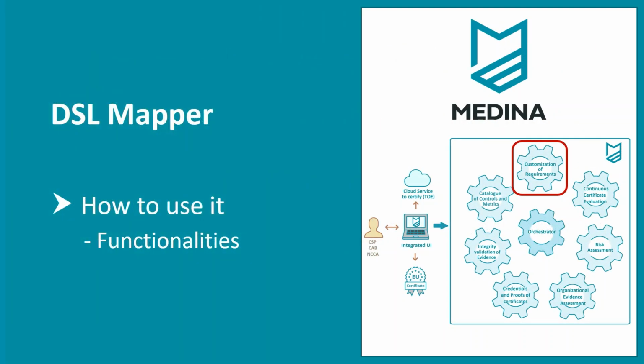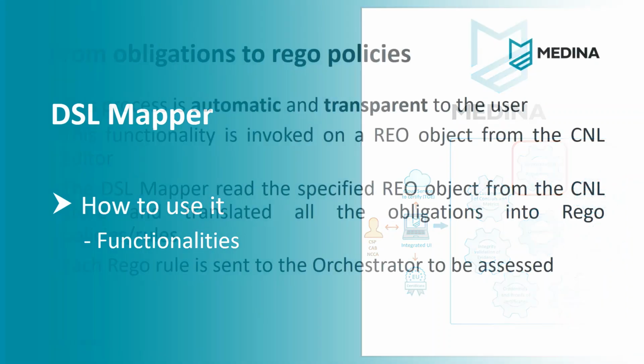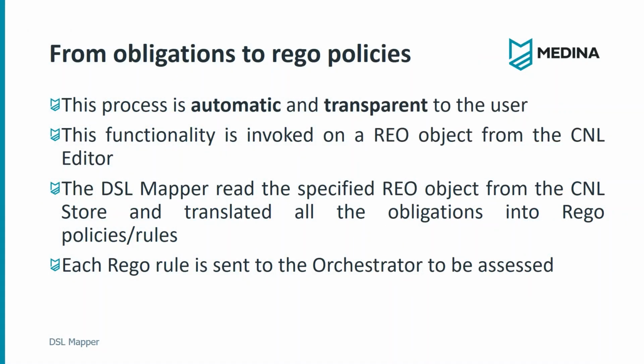Let's now take a closer look at how the DSL Mapper works. The DSL Mapper is triggered by the CNL Editor through its user interface. When a user hits the Map button in the CNL Editor UI, the DSL Mapper is invoked, with the ID of the RIO to be mapped.